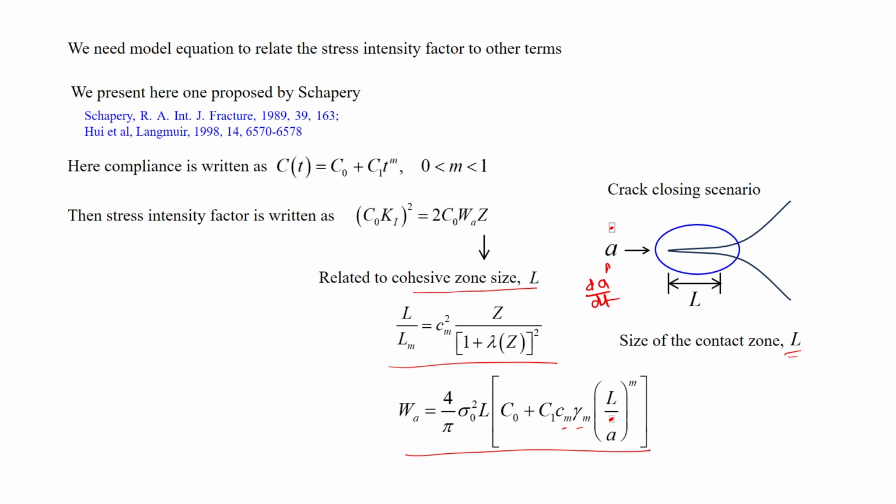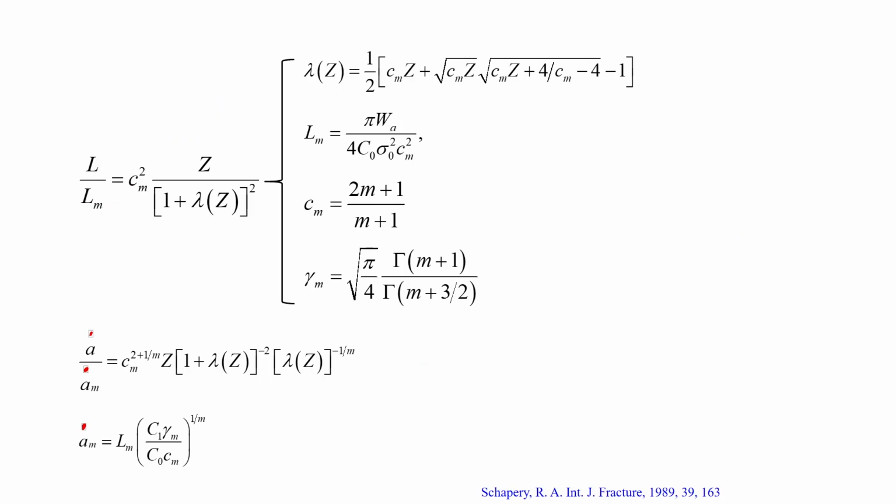It is very similar to that. Sigma 0 is the maximum stress that these two surfaces can hold, and one can use all these equations to find the expression for dA/dt, and by integrating this equation with respect to time, one can get A as a function of time. That is all one has to do.